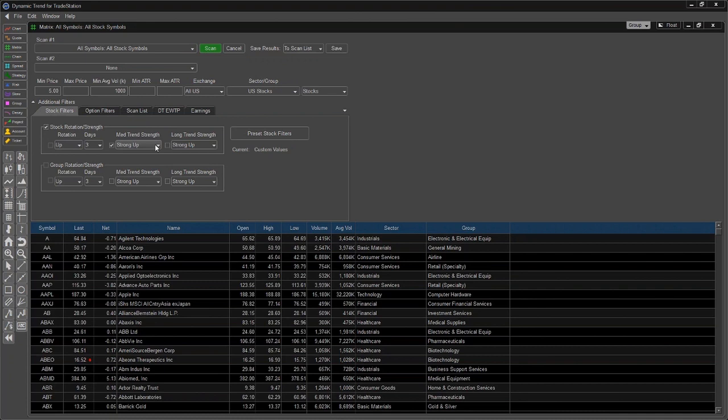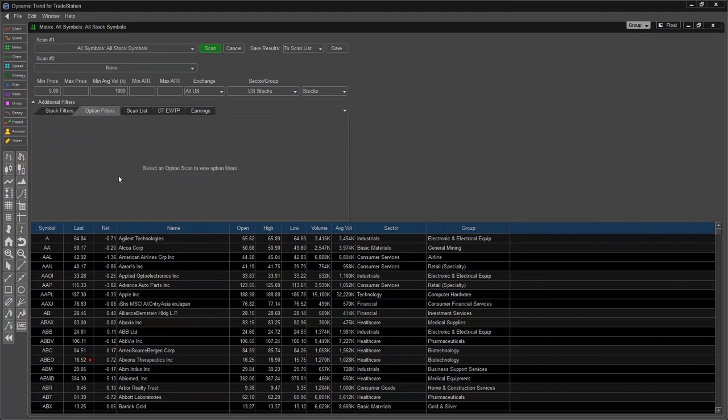The big players are all dumping money out of a specific group. You wouldn't want to be buying into it when that's happening. So this gives us an indication where we can further qualify that industry sector or group is also considered to be strong, or at least trading in that same direction. The next one is options filter. We're going to skip that for right now because we're just looking at the underlying, but I'll show you how we can do the options here in a second.